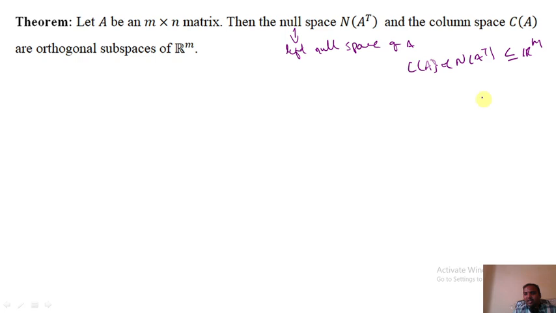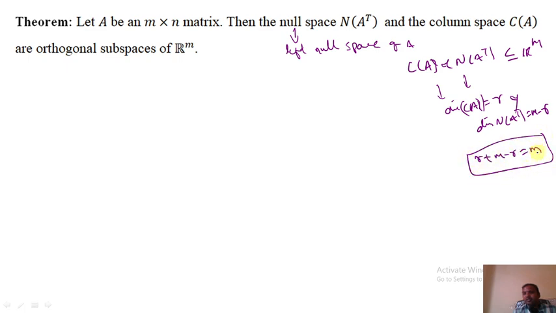If you already know the fundamental theorem, the dimension of the column space of A is r, and the dimension of the left null space is m minus r. What is the sum? r plus m minus r is equal to m, the whole space R power m. That's why they are orthogonal.